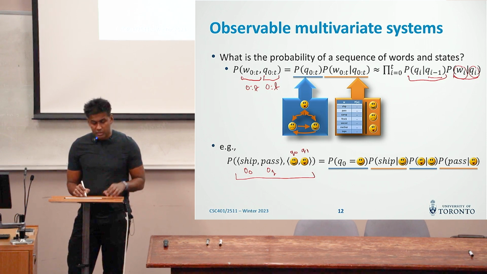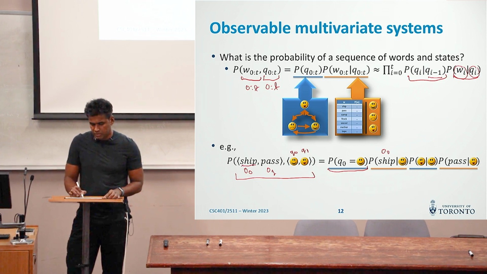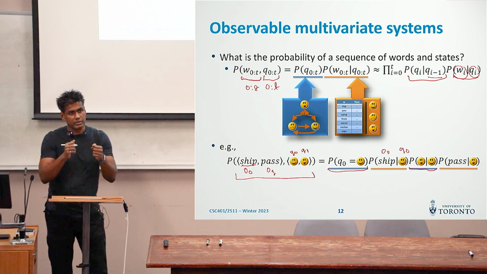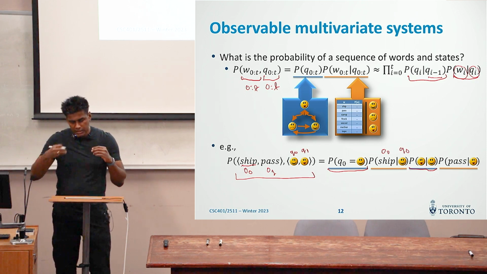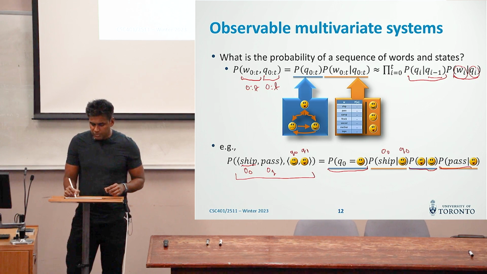We first start with the probability of starting in a happy state, which we call our initial state probability. So this is the probability of Q0, times observing the first observation, ship, given we're in the happy state, times the transition probability, because in the next time step we are disgusted so there has to be a probability of transitioning to another state, times the probability of observing the second observation at t equals 1, given the state we're in.